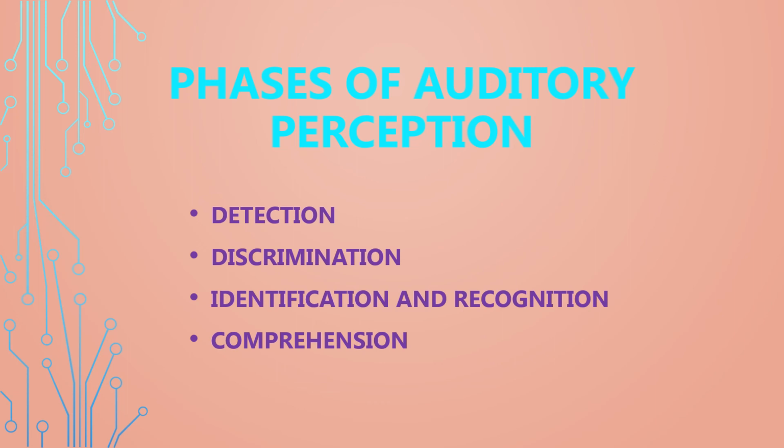Then identification and recognition. We have to be able to identify which sound it is, where the sound is coming from, whether it is a voice, or the sound of an instrument, or any other sound. We must be able to identify and recognize it.